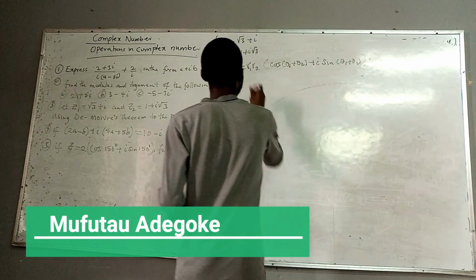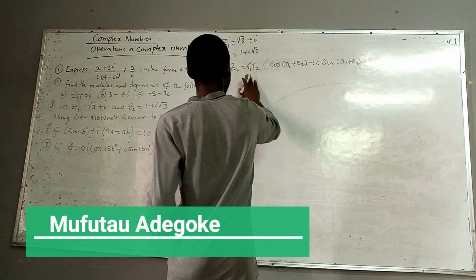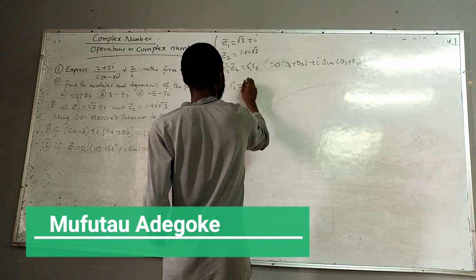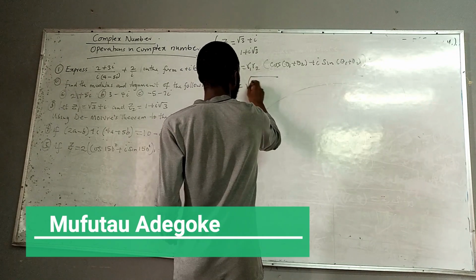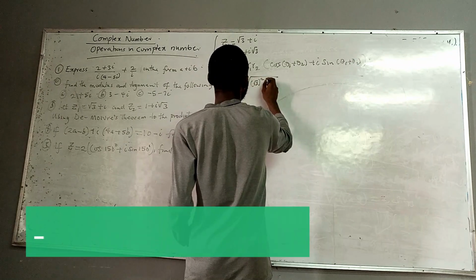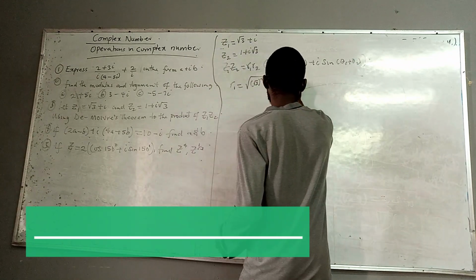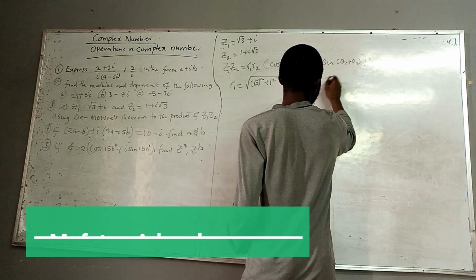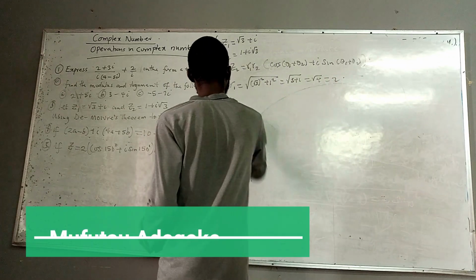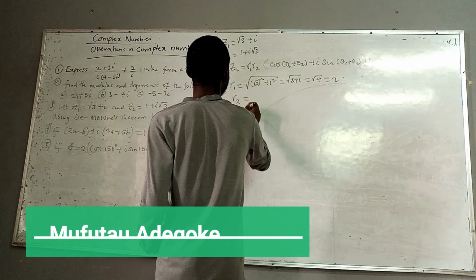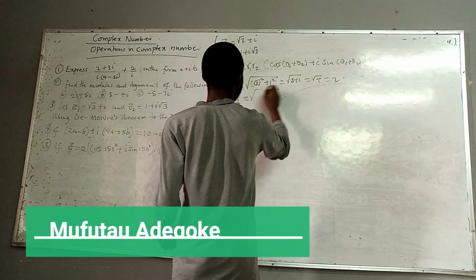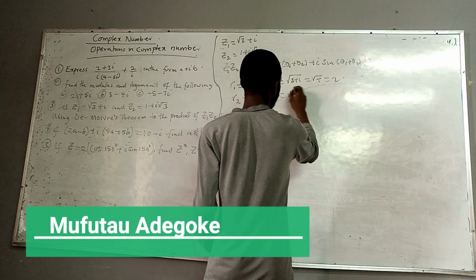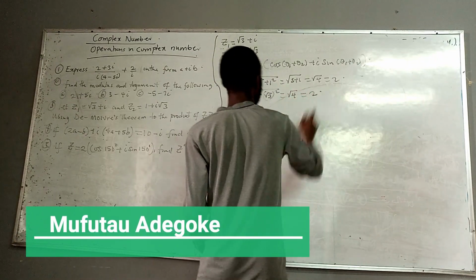What is your r1 and r2? You can get that. My r1 from z1 will just be the square root of root 3 squared plus 1 squared, which is the square root of 3 plus 1, which is the square root of 4, which is equal to 2. My r2 will be the same thing, 1 plus root 3 squared, which is also the square root of 4, which is also 2.